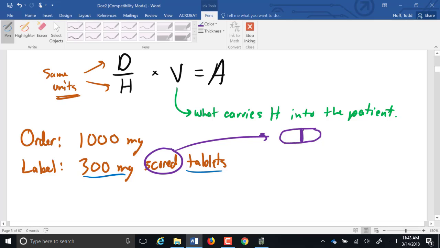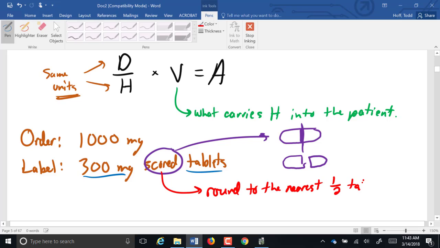What that is made for is so you can just take a medical spatula or whatever and press there, and it'll easily split that pill into two pieces that are very, very close to equal. So when we have that word scored in there, that means we are going to round to the nearest half a tablet.